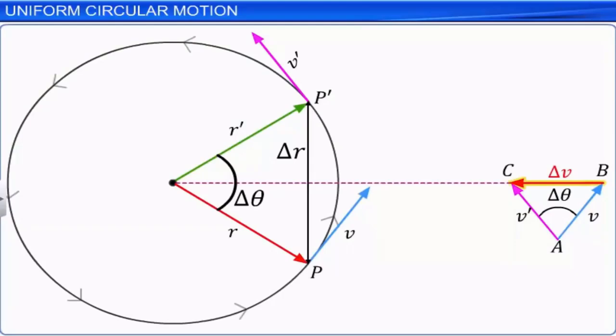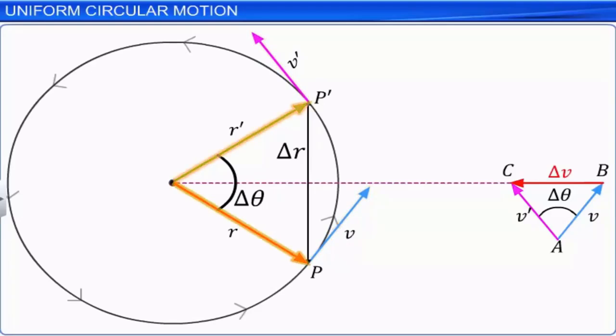V and R, as well as V' and R', are perpendicular to each other, as V and V' are tangential to the circle, and R and R' are the radii of the circle.